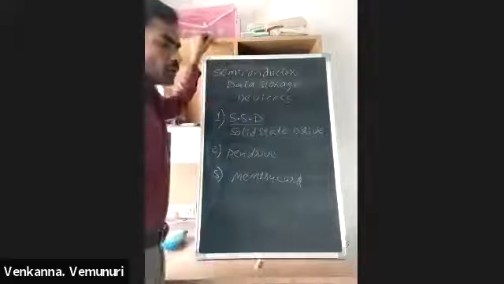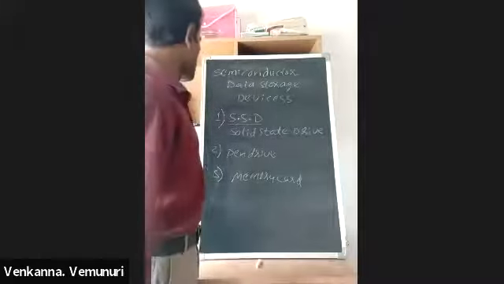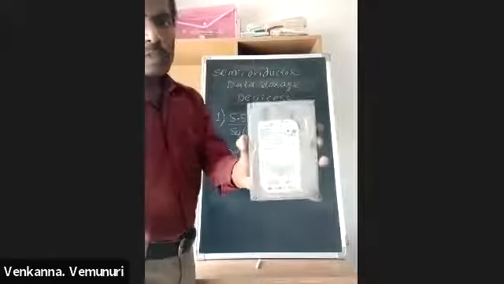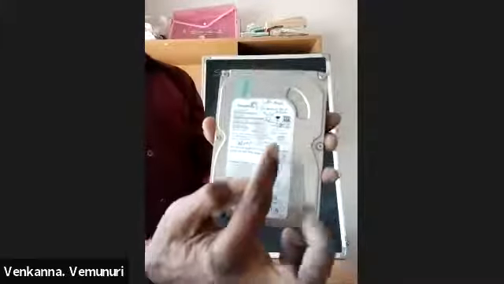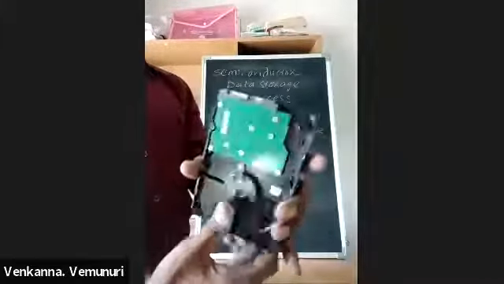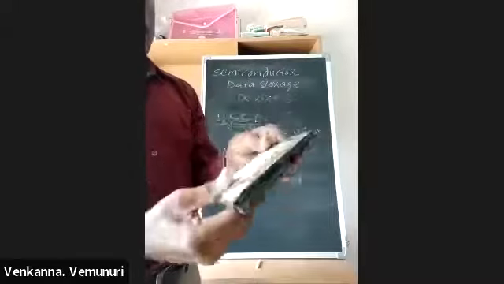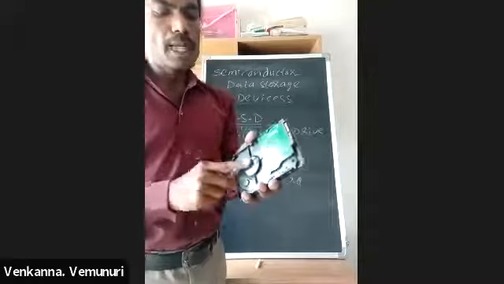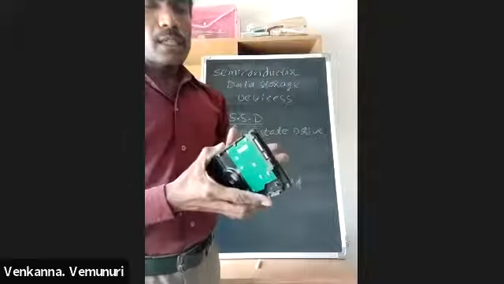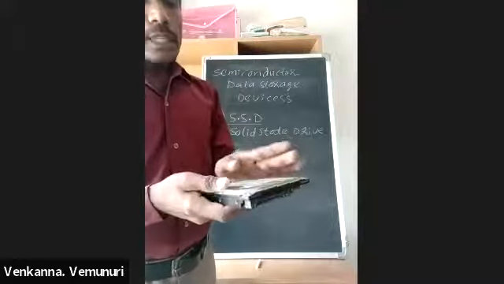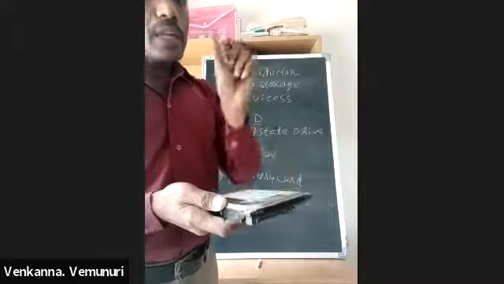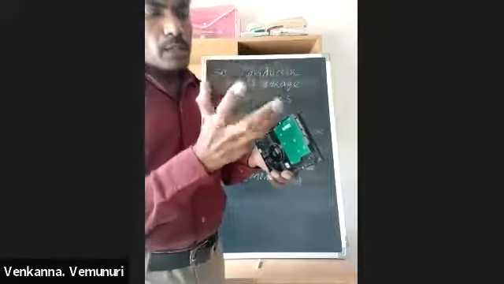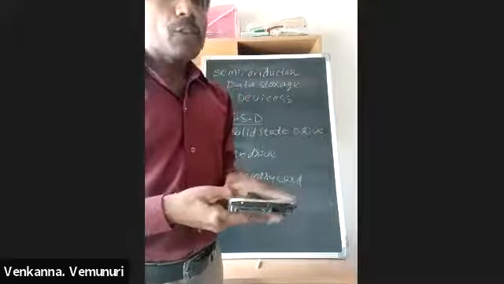Actually, we know the desktop computer hard disk. This is a desktop computer hard disk. Here the capacity is mentioned. In this there are mechanical parts. Mechanical parts means a spindle motor and actuator, and that actuator is moving, and it has a read write head, and the platter is moving with some RPM, 5400 or 7200.